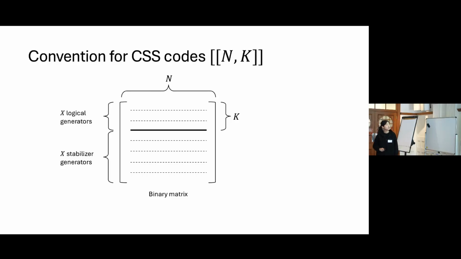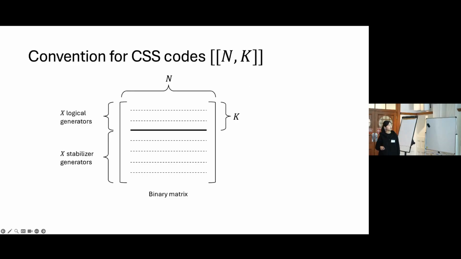An important convention I will be using throughout the talk is that I will write down a CSS code in this way. I will only specify the X logical generators and the X stabilizer generators of the code, but not the Z stabilizers. This is because Z stabilizers commute with the X logical generators and X stabilizers, so Z stabilizers will be the kernel of this matrix.